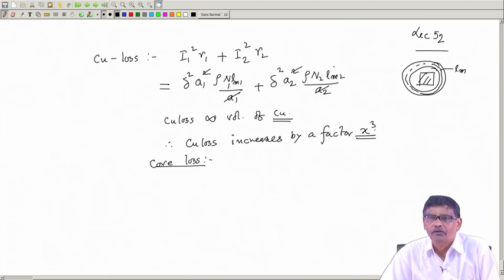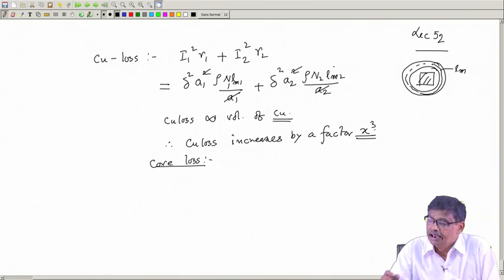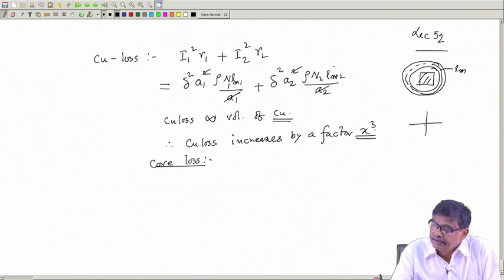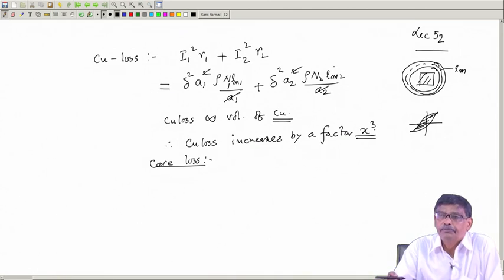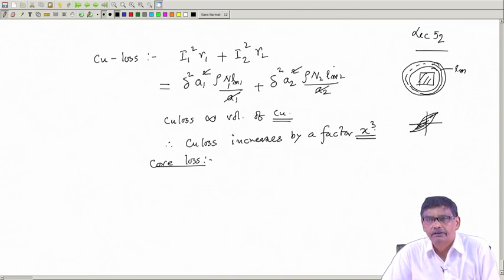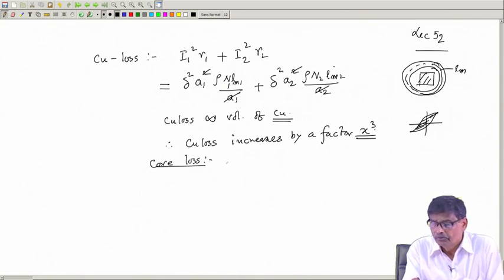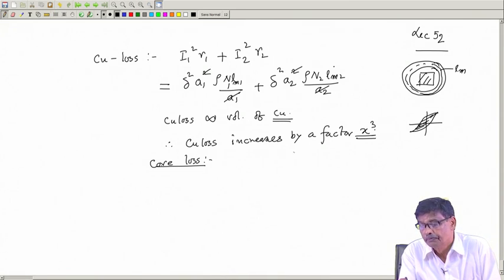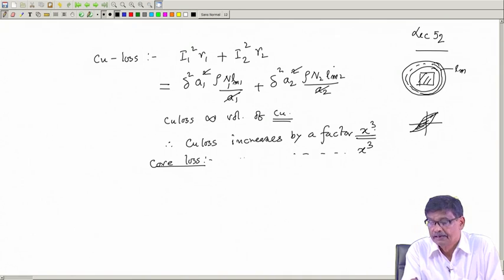Similarly, hysteresis loss, this area, gives you a measure of hysteresis loss. It is also per unit volume, per unit cycle. Therefore, core loss will also increase by a factor of x cube.